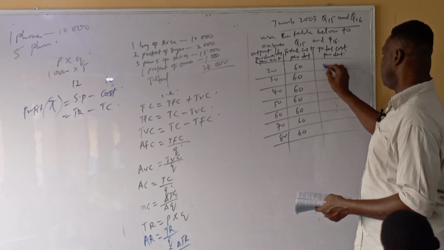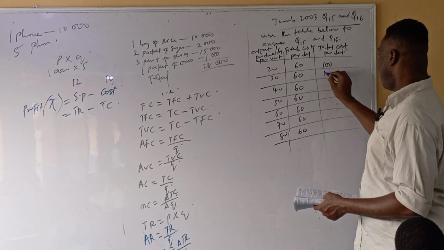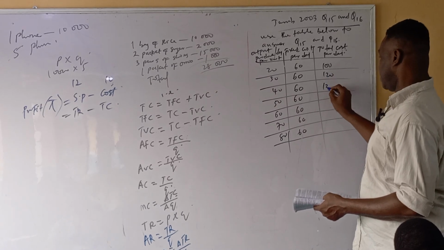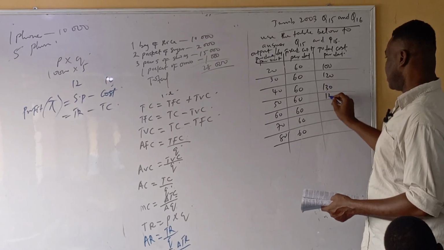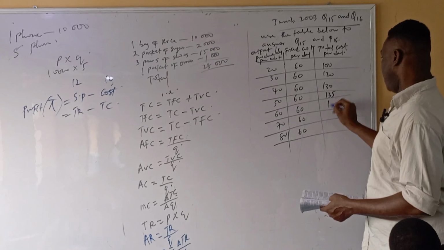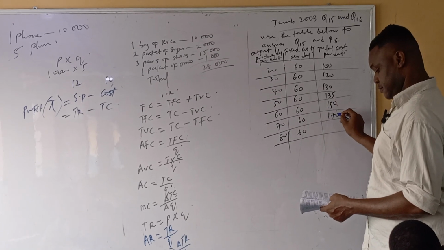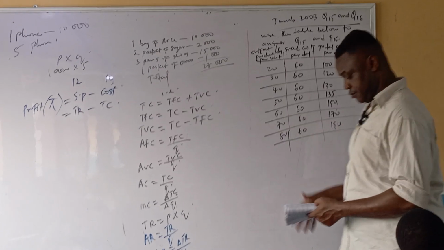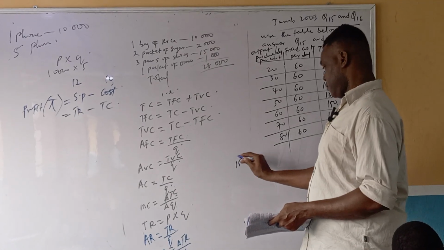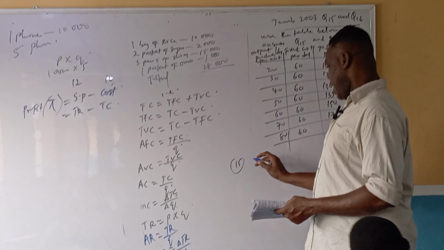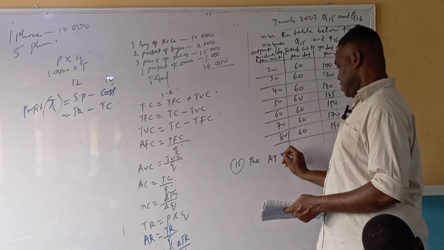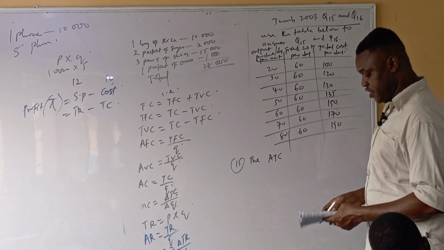Then you are given total cost to be 100, 120, 130, 135, 150, 170, 190. Let's see the question. Question 15: the ATC, what is the full meaning of ATC?